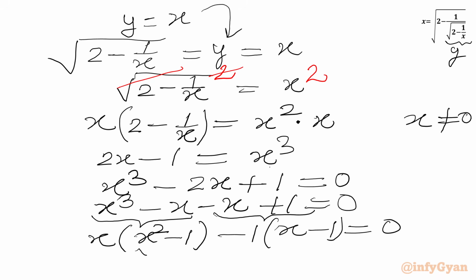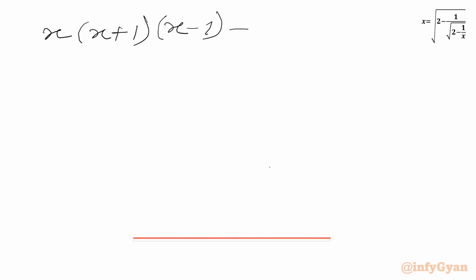Now we can use here difference of two squares formula. So we will write x times x plus 1 times x minus 1 minus 1 times x minus 1 equal to 0. Let me write here x times x plus 1 times x minus 1 minus x minus 1 equal to 0.